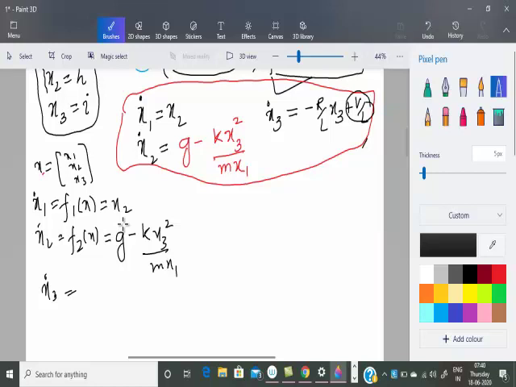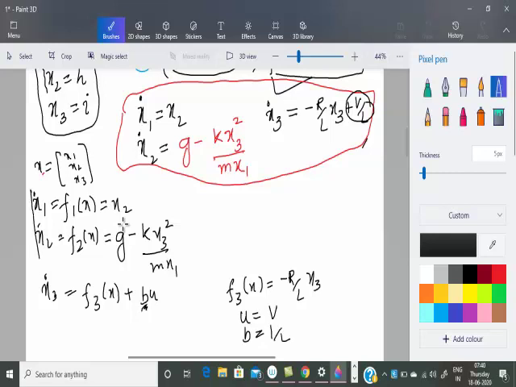So you could write this as f3(x) plus b u. Here your f3(x) would be minus r by l x3. Your input u would be v, and this b term here is 1 by l.